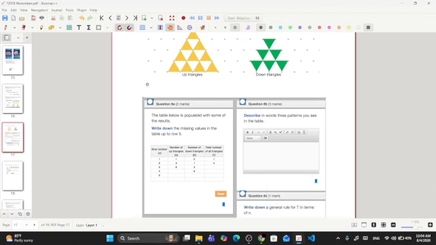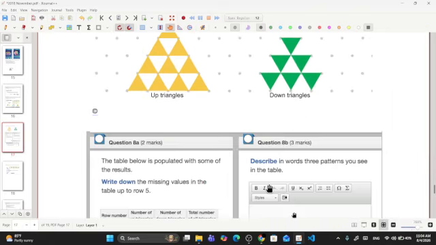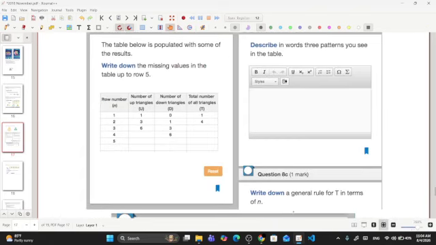So for row number 4, we can see that the difference can be written like this. Here the difference is plus 2, here the difference is plus 3, so here it should be plus 4, and here it should be plus 5, and so on. So this is going to be 10 and this is going to be 15.